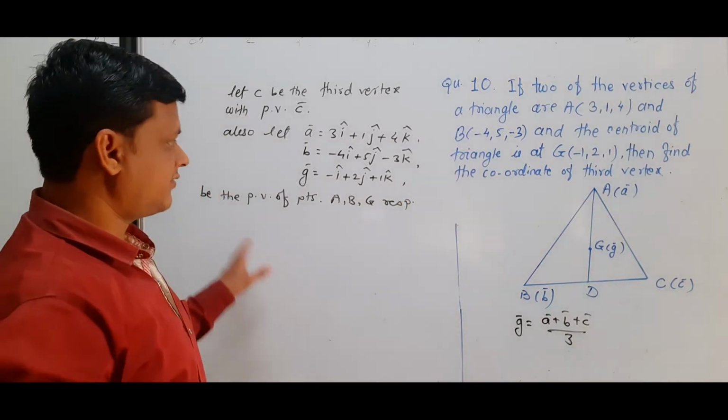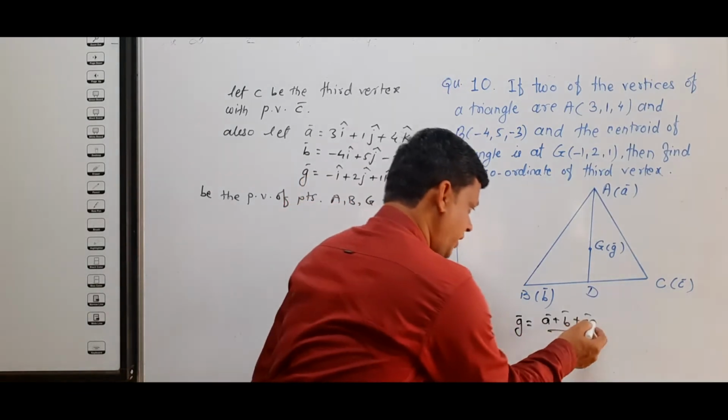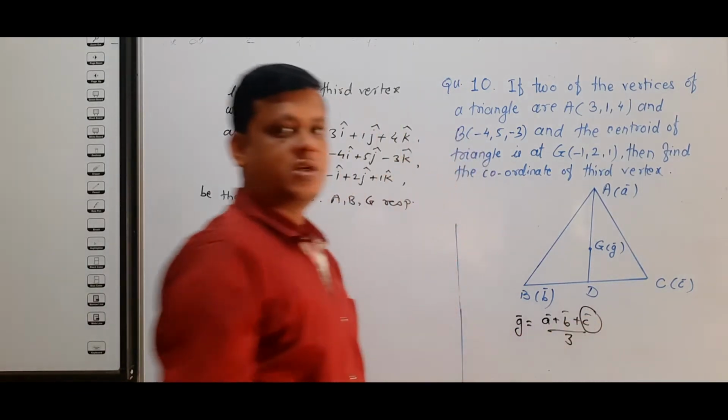So we just have to substitute the values of A bar, B bar, and G bar, with which we calculate this position vector C bar.